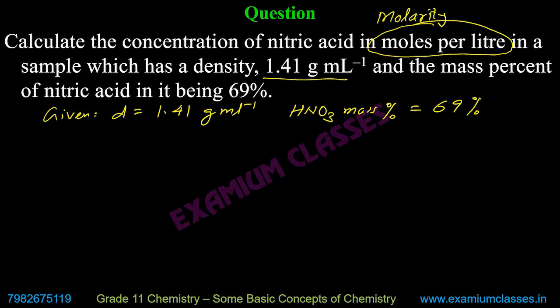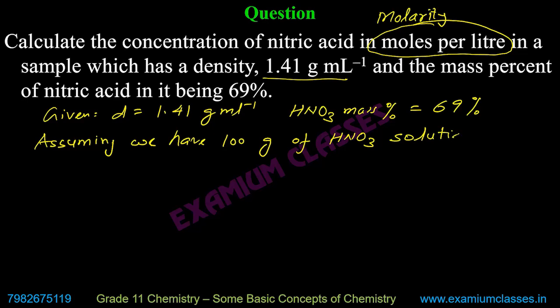You will say, assuming we have 100 grams of solution, and this keyword, don't forget to write it, solution. 100 gram is whole solution, out of which HNO3 is 69 gram, which is solute. Hence, mass of HNO3 will be 69 grams.